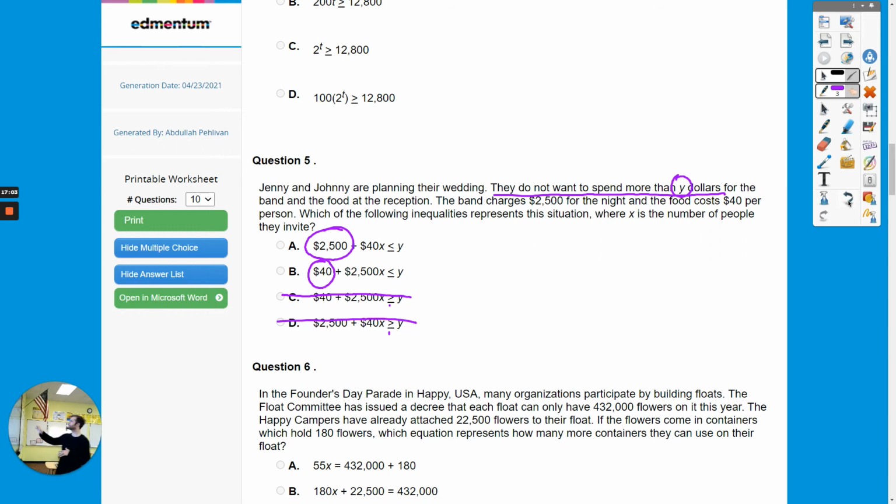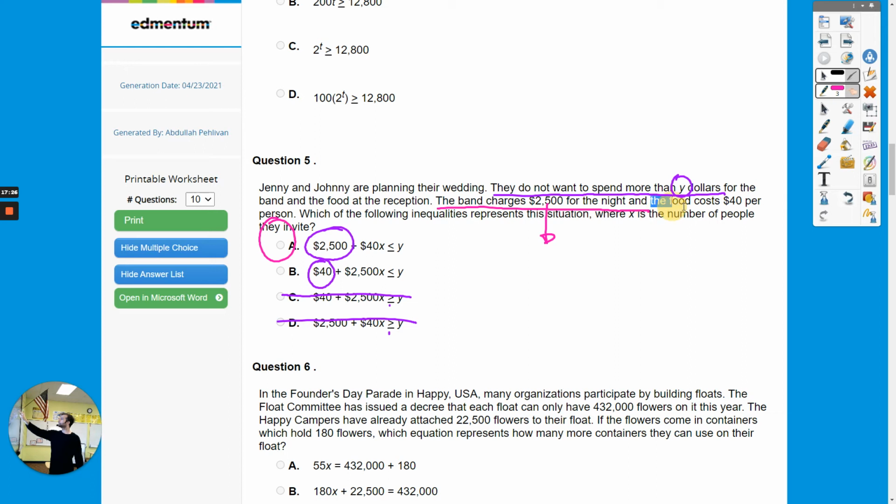The band charges 2,500 for the night. I don't see people per square feet or pencils per student, miles per hour. I don't see any of them. So there's no variable for this number. It's just a set number. My answer is going to be this one, A, but let's read the rest.